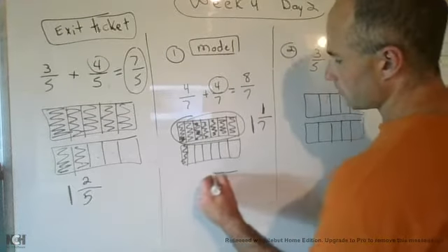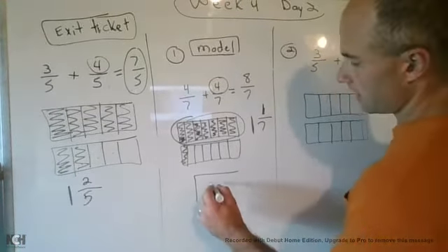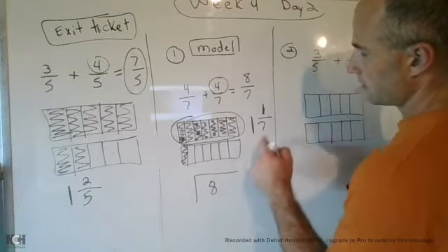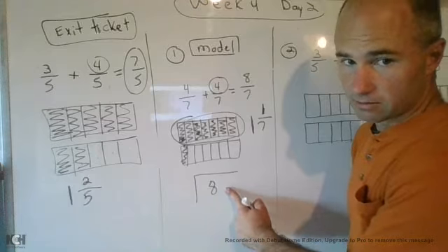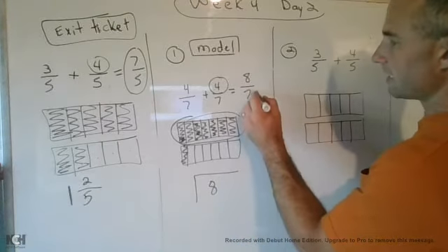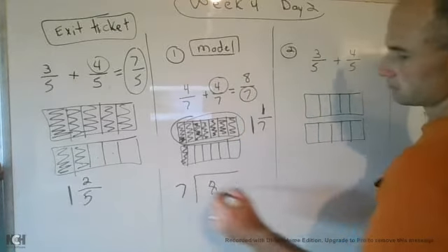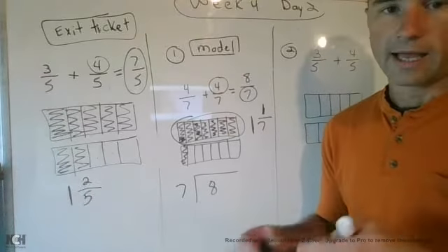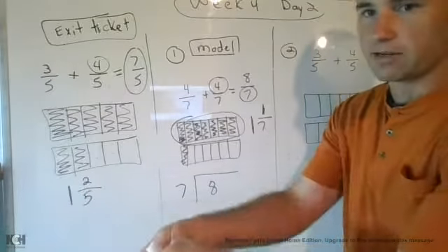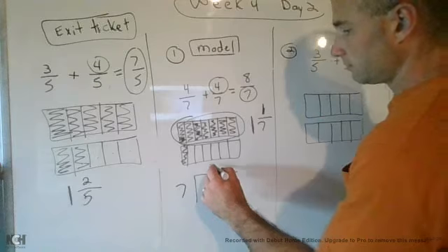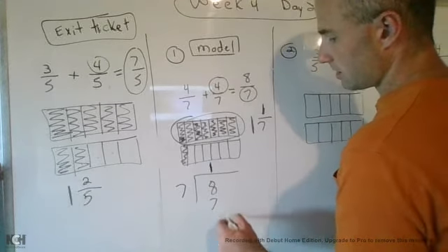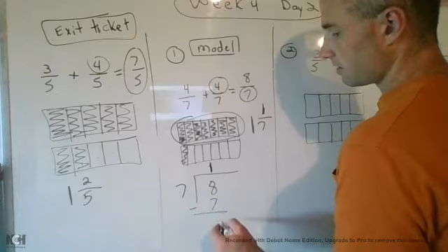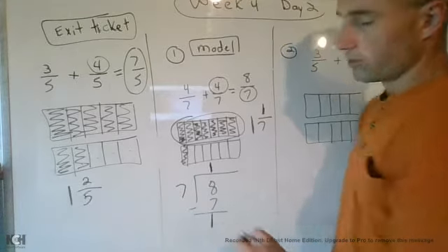So, we have 8 as my numerator. That's what's going to be inside. And I'm dividing it by the denominator, the 7. Well, how many 7s can fit into 8 of something? 1. 1 times 7 equals 7. We subtract, we get 1 left over.